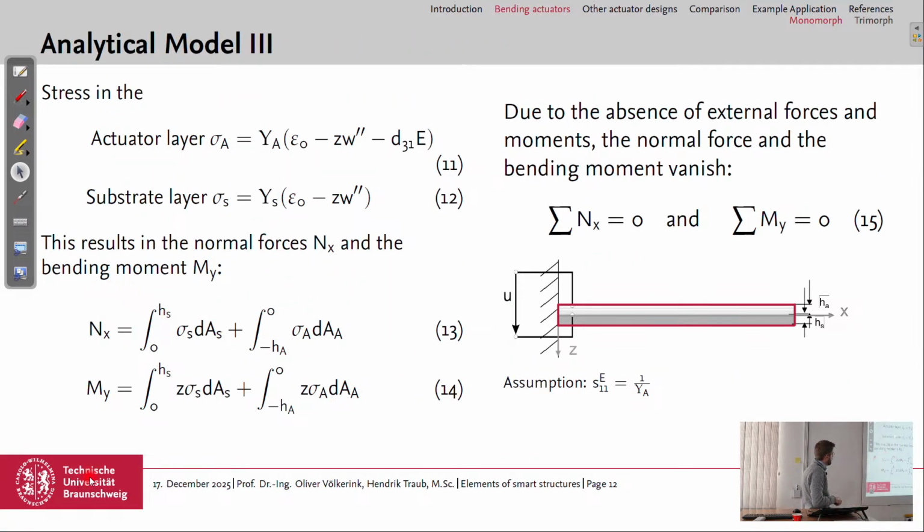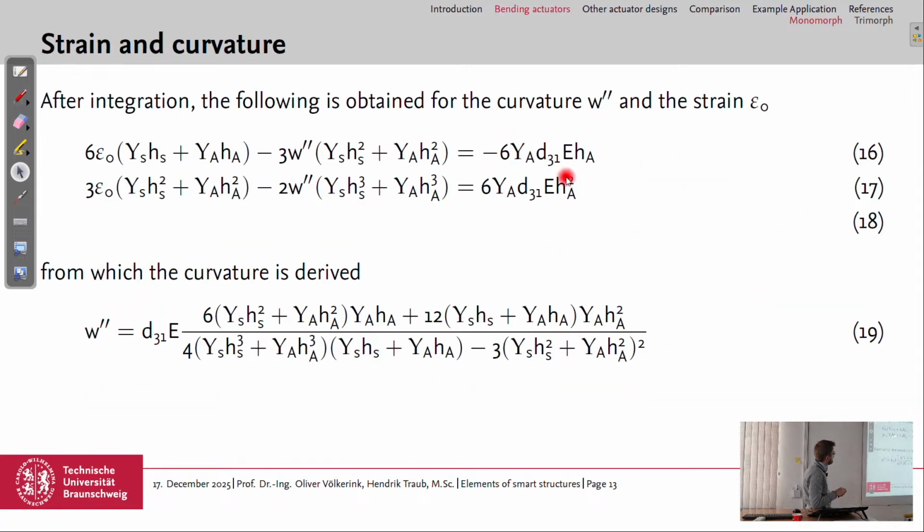So if we integrate this, then we get these equations, and then we can transform it to the curvature of the whole monomorph, and we can see that the curvature of the monomorph is dependent on the Young's modulus of the two materials, but also on the geometry. So HA, the thickness of the actuator layer, and also the thickness of the structural layer, and also, of course, the piezoelectric constant and the electric field.